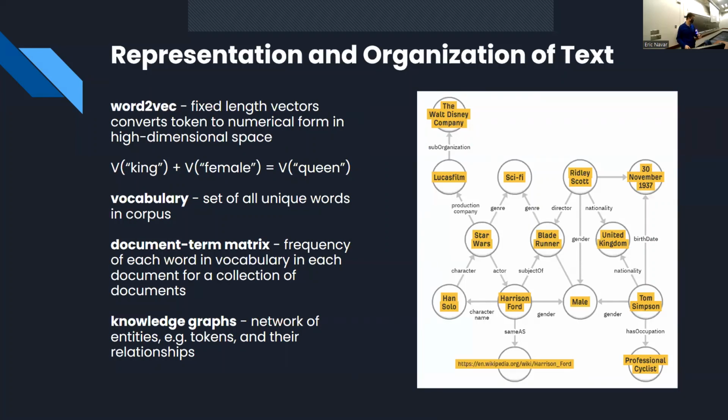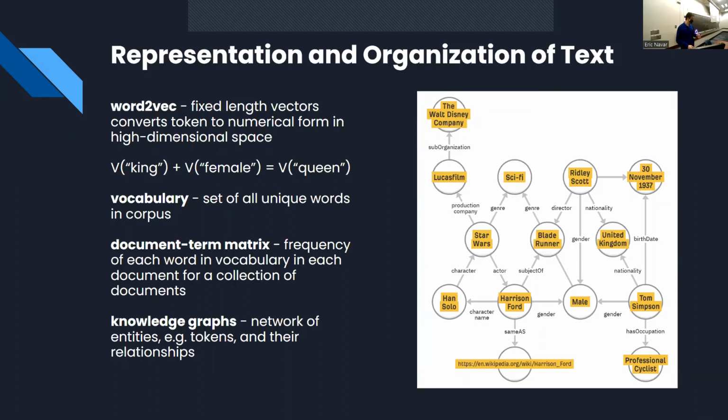So for example, let's say that V is a function that just outputs the vector representation of a natural language word. King plus female, naturally to us humans, would logically be queen. But if you were to represent that numerically with vectors, you would get a similar vector by summing the two vectors for king and female.